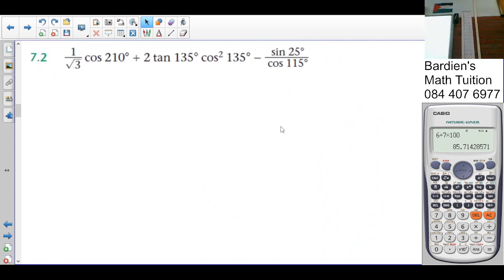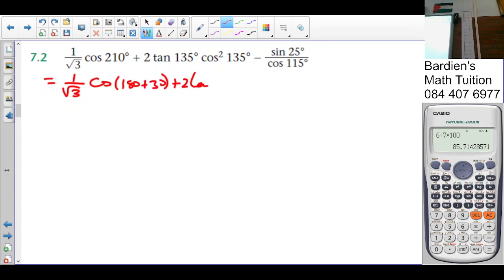As you can see here, in 7.2 they ask you to simplify without the use of a calculator only. So 210 is in the second quadrant, so it's 1 over root 3. The third quadrant, sorry, so it will be cos 180 plus 30 plus 210.